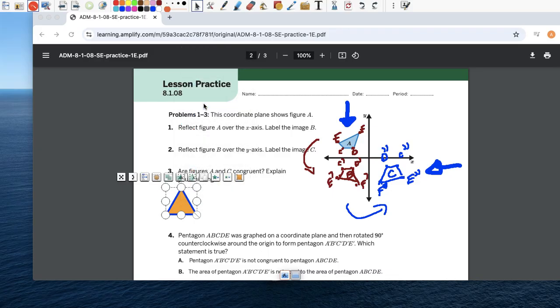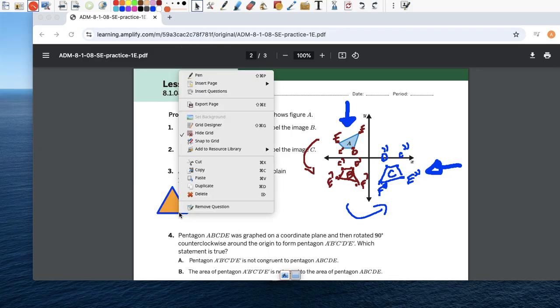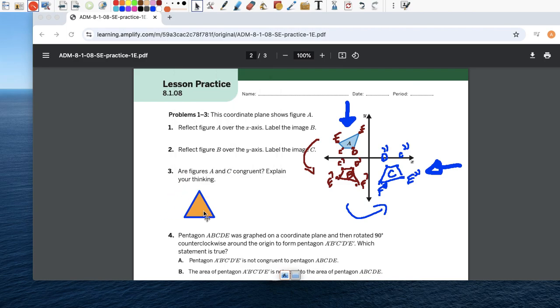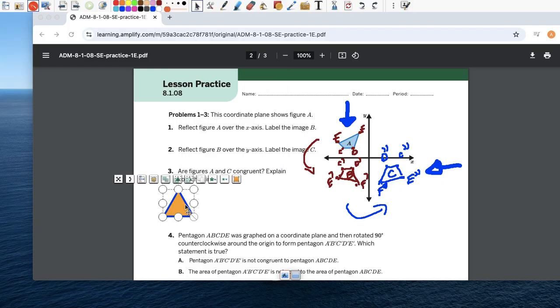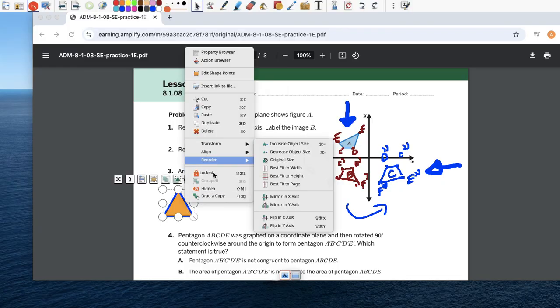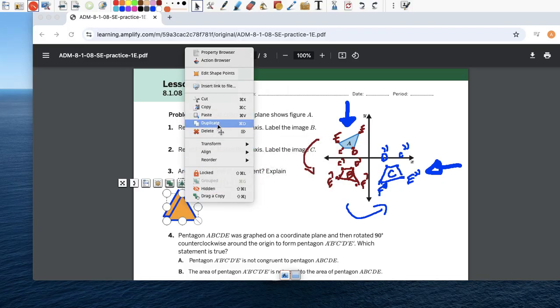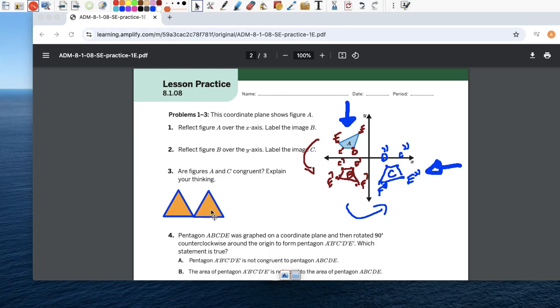Duplicate, I mean. All right, so now there's two. No, there's still one. Sorry, duplicate. There we go.